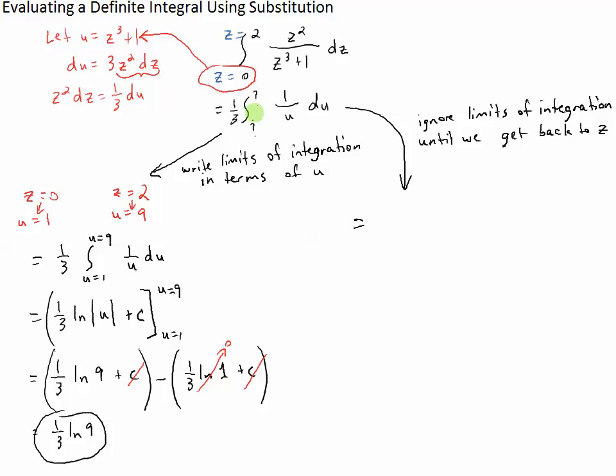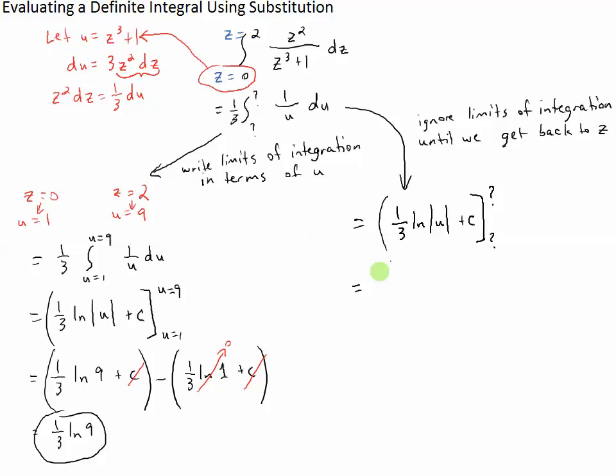You would leave your limits of integration as being unknown when you're talking about the variable being u. So we'd have 1/3 natural log of absolute value of u when you take the antiderivative, plus c, evaluated at unknown limits because the variable is still u.